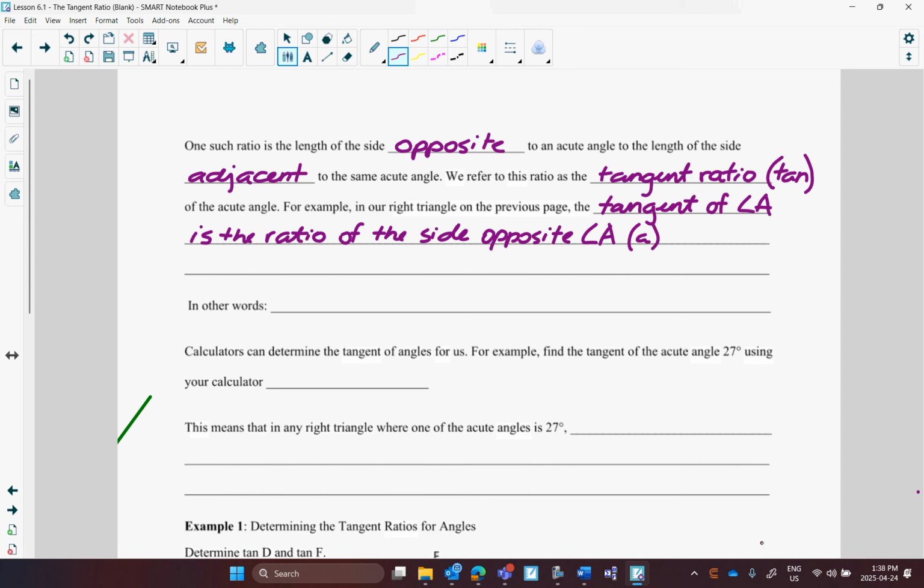Because if you look back at that figure, the side opposite angle A is little a. To the side adjacent to angle A.